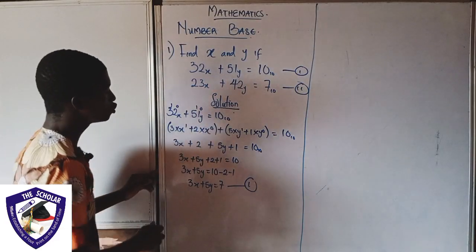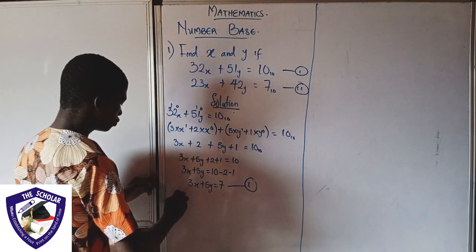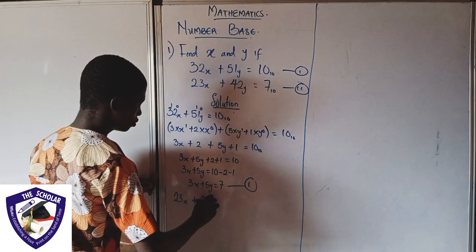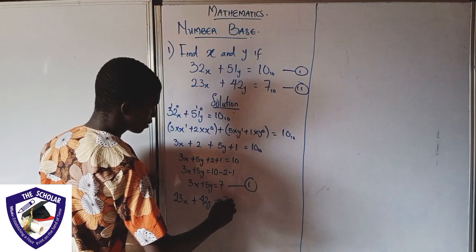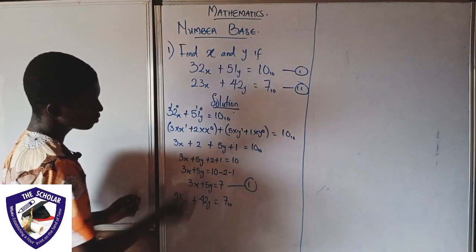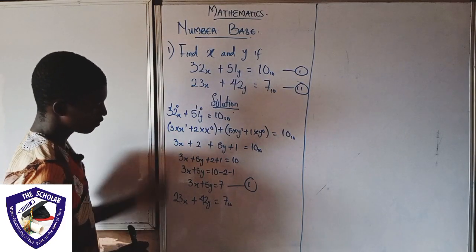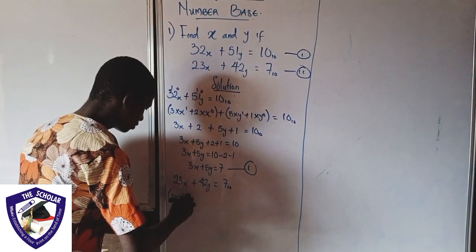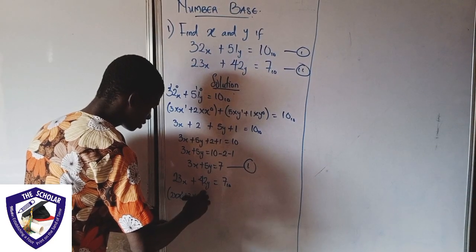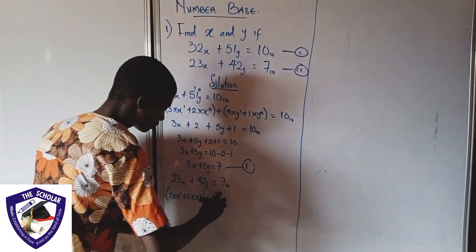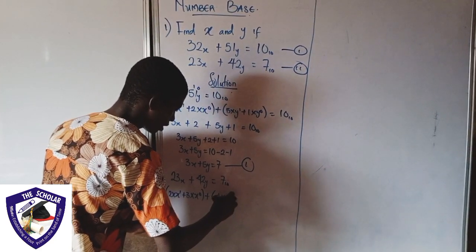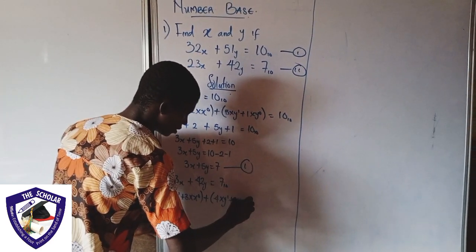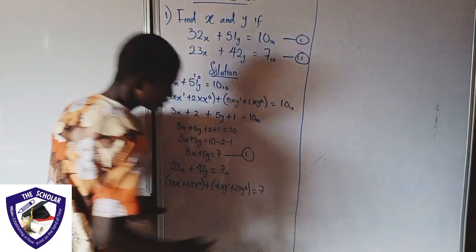Now the next thing we also do is to take our equation 2, which is 23 base x plus 42 base y equals 7 base 10. We also do the same thing we did for equation 1, we convert to base 10. So we have 2 times x raised to power 1 plus 3 times x raised to power 0 plus 4 times y raised to power 1 plus 2 times y raised to power 0 equals 7.